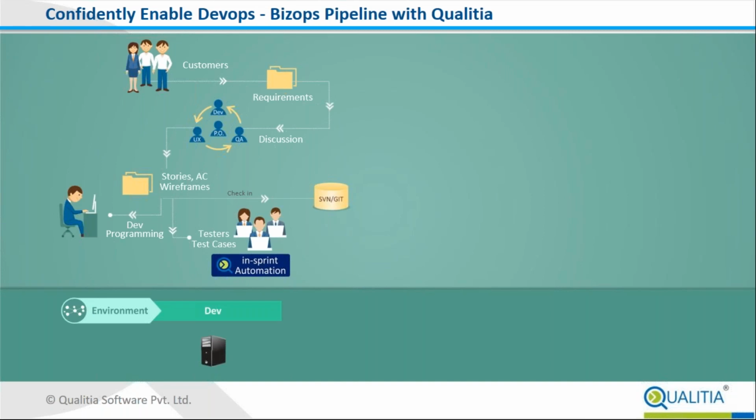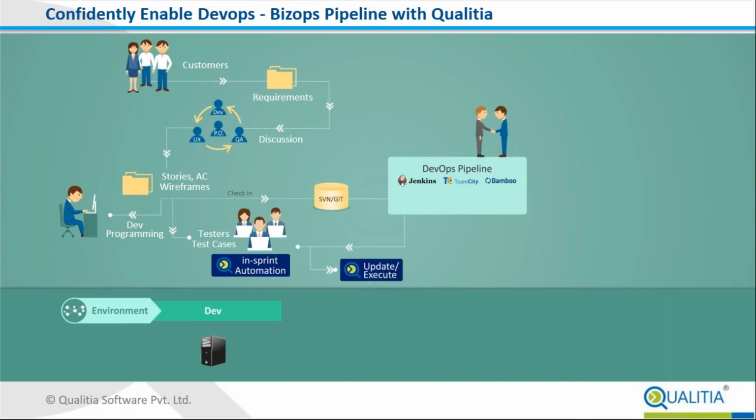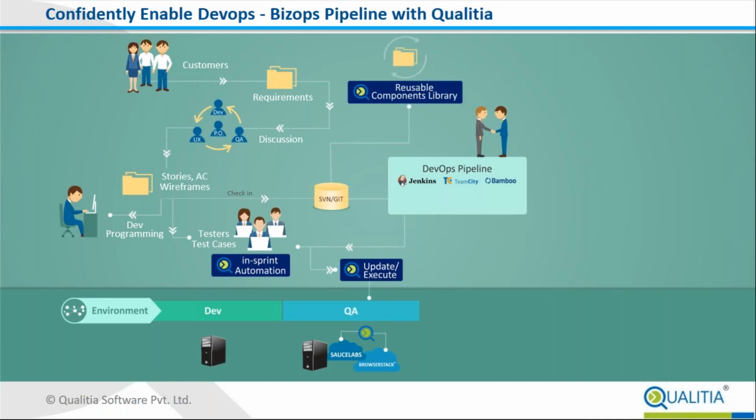Once the developers check in their code into the repository and the DevOps pipeline picks up the new build and fires it, it makes it available for the testers. The same in-sprint automation is updated and executed in either on-premise or cloud environments. And throughout this process, the reusable components, libraries, and reports are created and maintained.